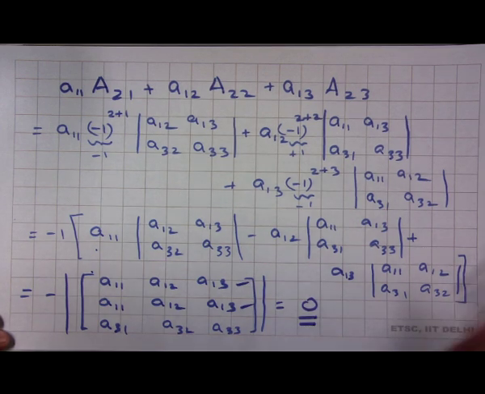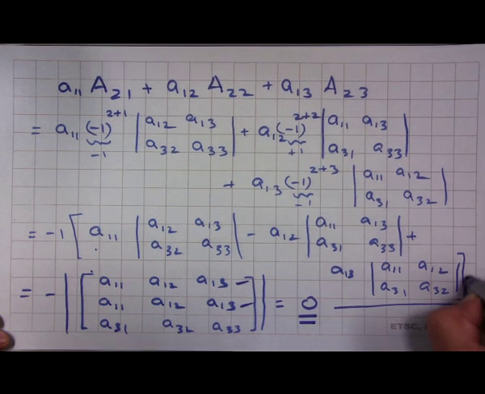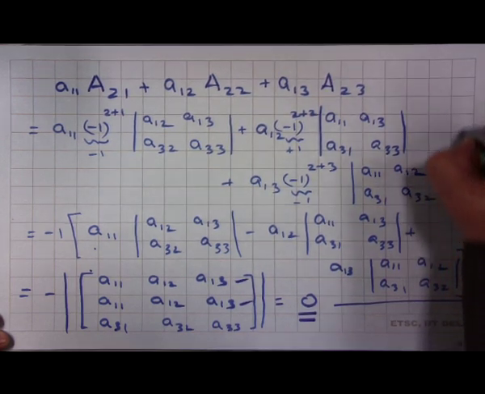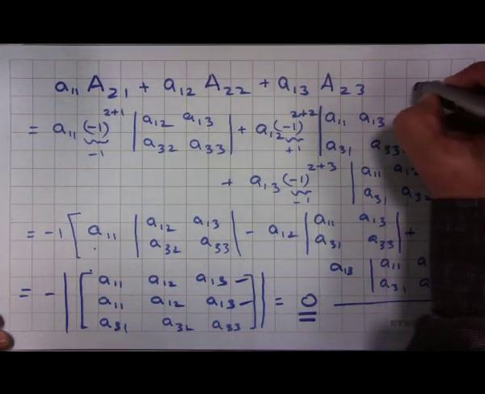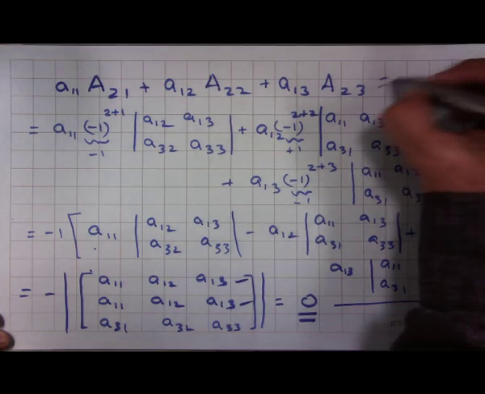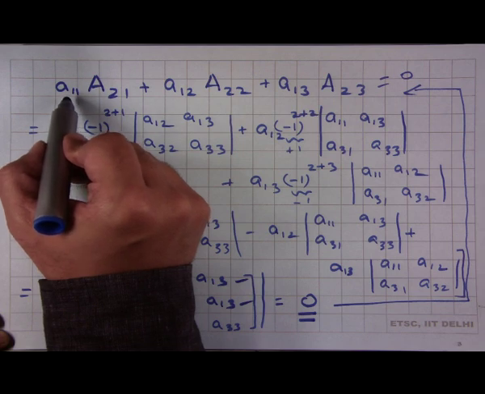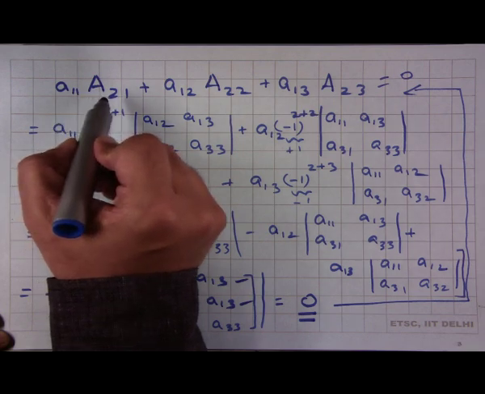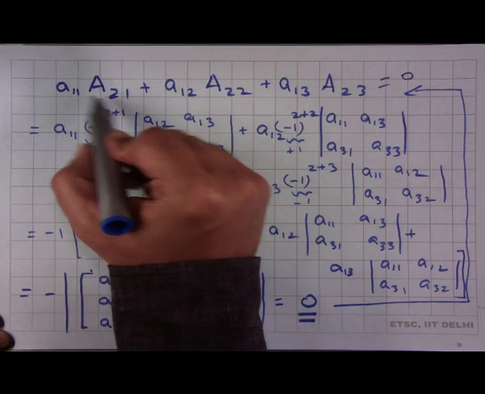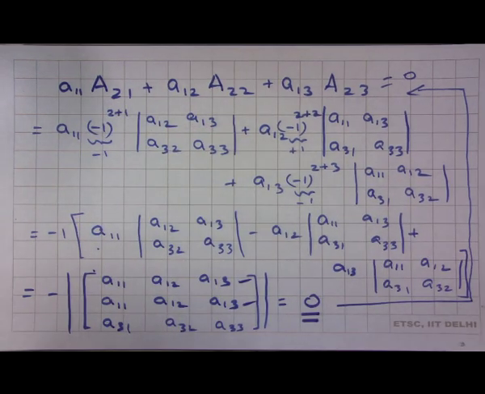So, therefore, what this is telling us, if I draw this big arrow here, is that if you take the entries of a row and multiply them with the cofactors of another row, the value of that sum is going to be 0.